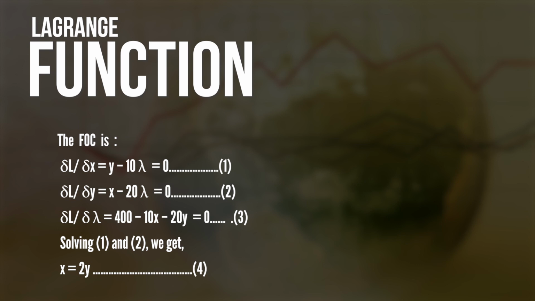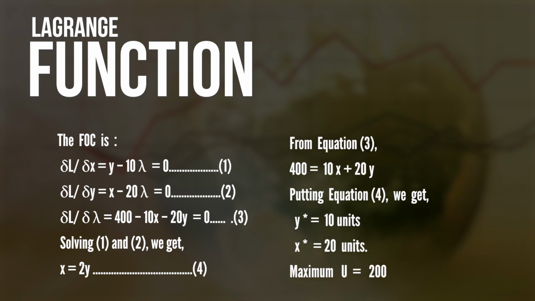As with any estimation exercise or any maximization or minimization problem, for any optimization problem we go for the first order condition and set the derivatives equal to 0. By setting the derivatives equal to 0, we get x equals 2y from equations 1 and 2, because these are del L del x equals 0 and del L del y equals 0.